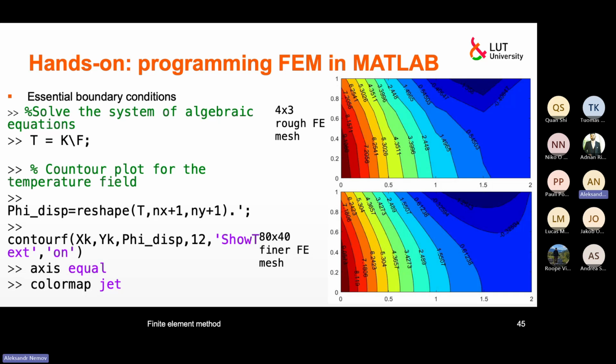And I can look at the results, and I can check whether they make sense or not. So what I can see, I remember that I have some value of heat flux applied from here. So it's coming in, a positive value. So I see that there are higher temperatures in this area, which makes sense. I prescribed a 0 boundary condition, an essential boundary condition, 0 temperature on the right side, and it looks like it's maintained.